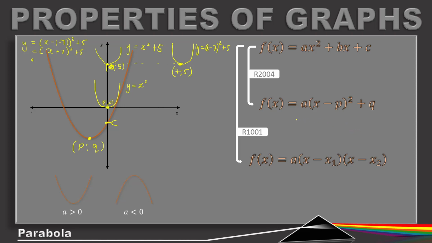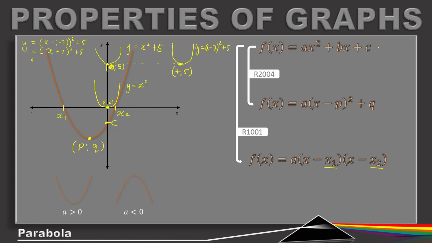Then finally, why would we want it in the factorized form? This is basically where these two x values tell us where the graph cuts the x-axis. So this is x1 and this is x2.